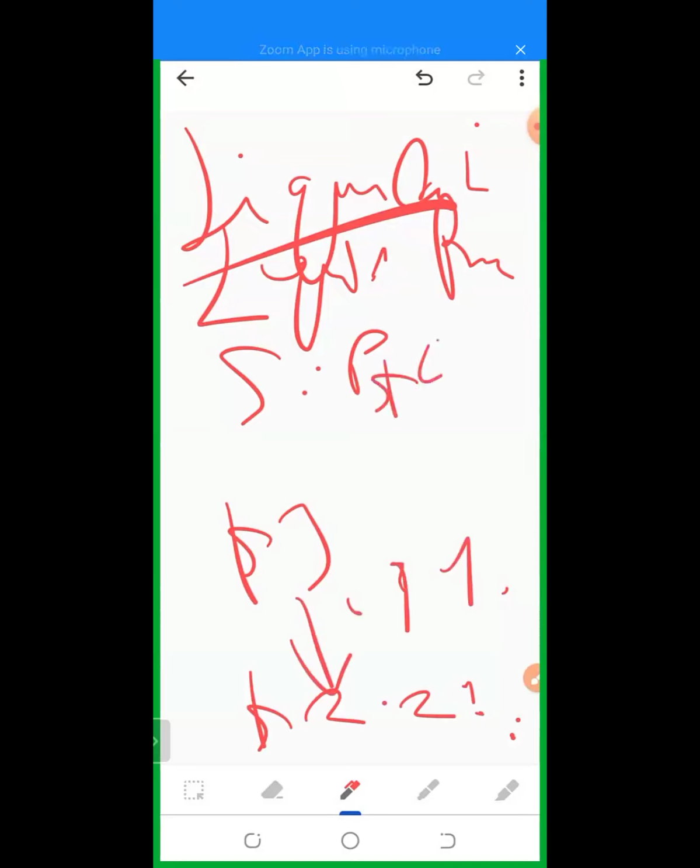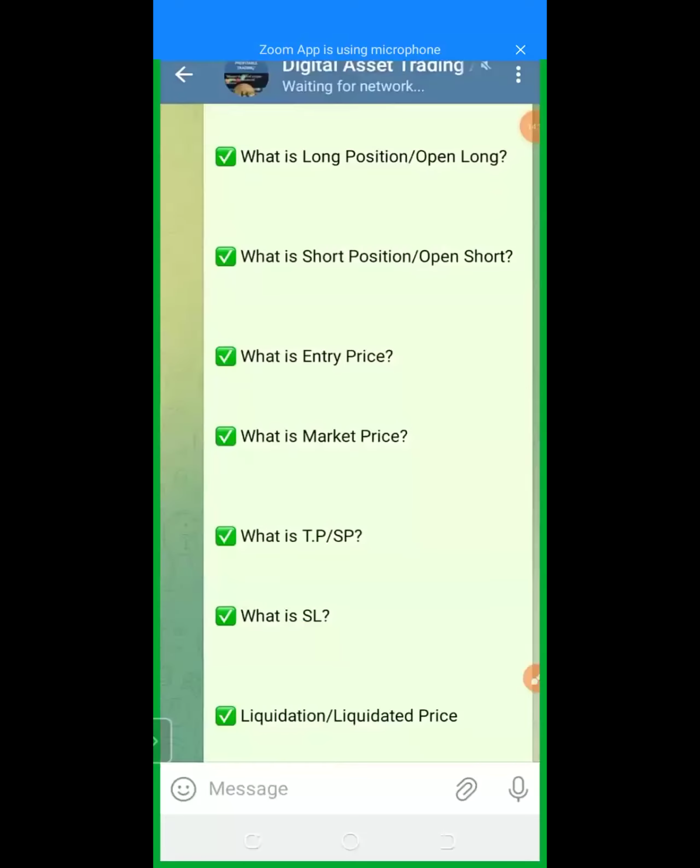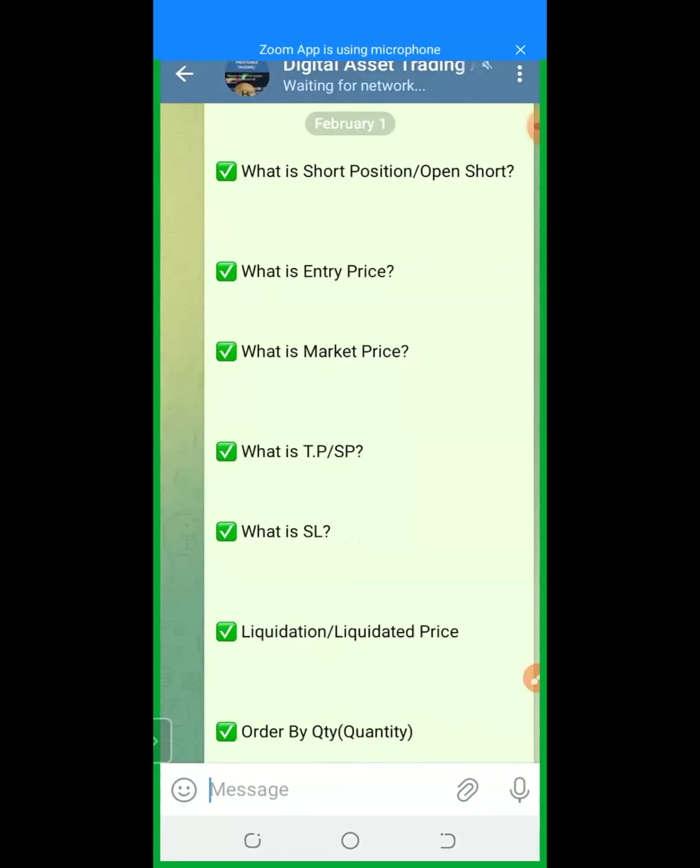If the market goes against you and starts going up, the moment you reach $4.5, this is the liquidation price, you'll be liquidated. So this is the explanation of what is entry price, what is market price, what is TP, what is selling price, what is liquidation, and liquidation price.